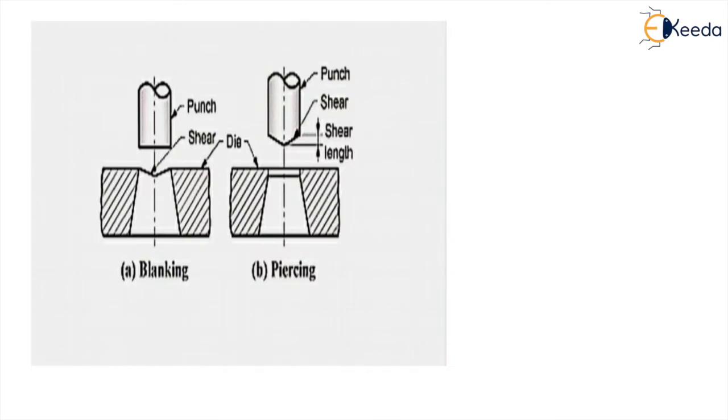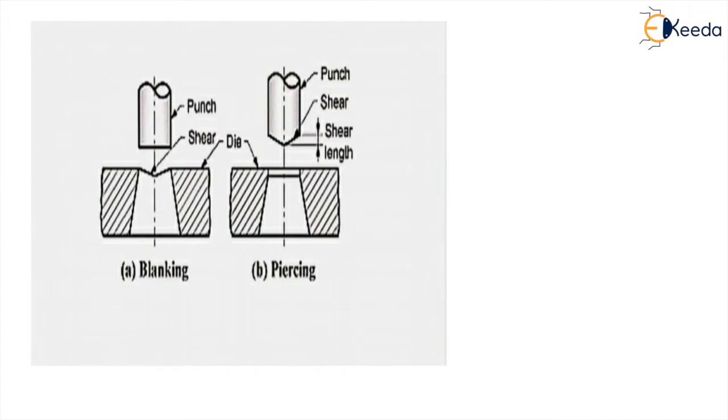Okay, now see here, this is a blanking operation, and this is the piercing operation I have shown here with the shear. See here, this is the blanking operation. You can see I have provided the shear. The die is made inclined or tapered at some angle. This is the shear, and if you look here, the punch is given with the shear.